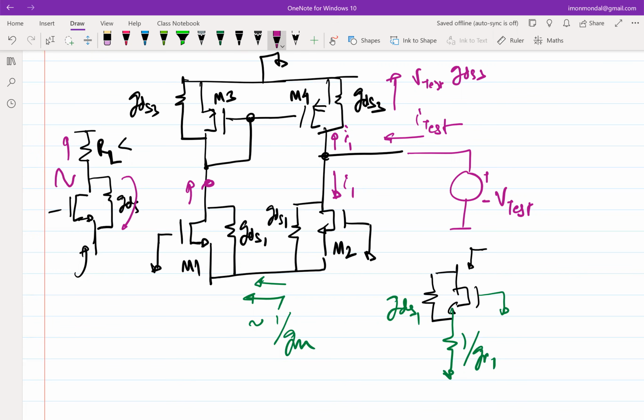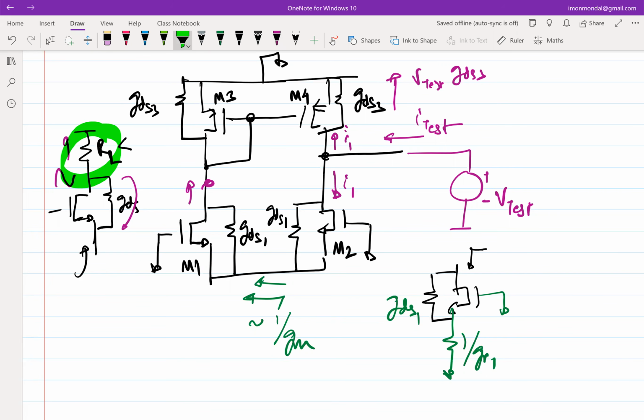When we say that we are neglecting GDS with respect to GM, we are neglecting the effect of GDS, which is the current that GDS takes up. If the current flowing through GDS also becomes comparable to the current through the GM, then you cannot neglect it anymore. So there will be a certain range of RL.